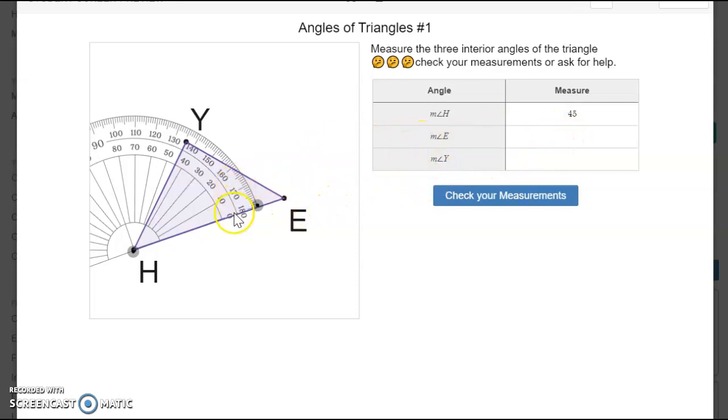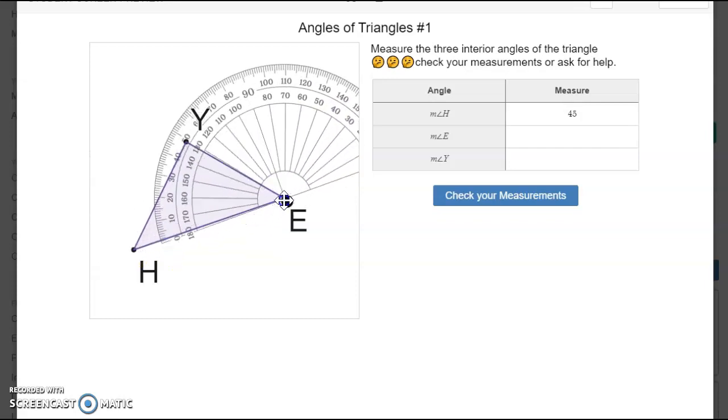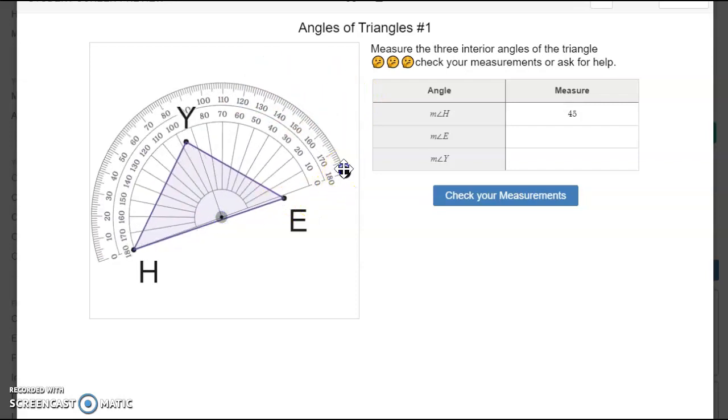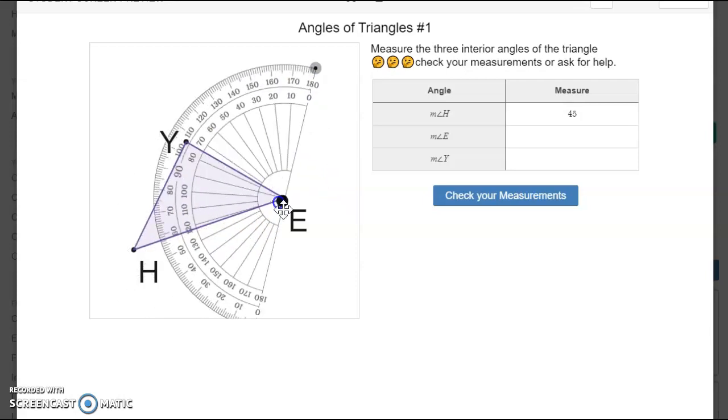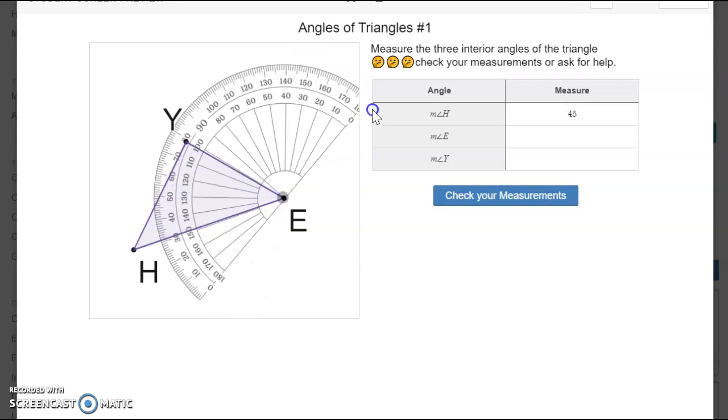Then what about angle E? This time I am going to move the protractor to the vertex E so that I can measure. This is a little bit off. Do you notice that the protractor is not lined up properly? So I need to move that so that it does line up perfectly. Here we go. I have two options.